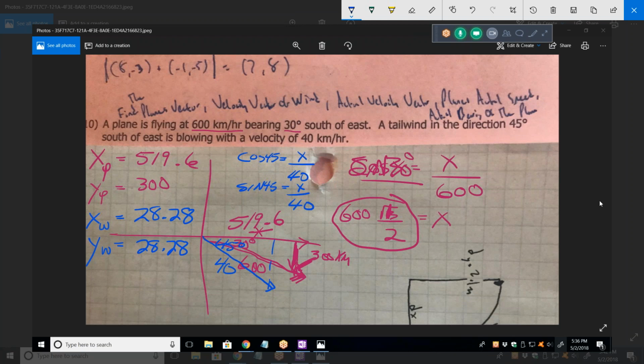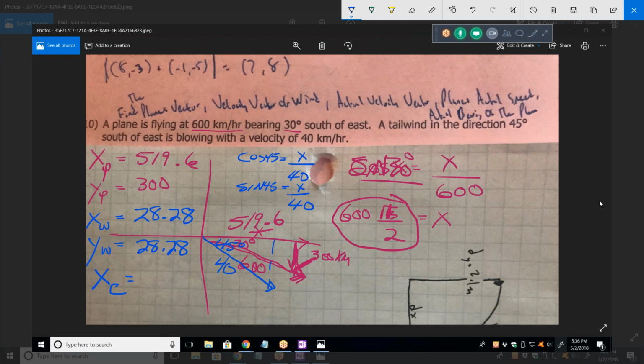So what we have here is the wind is assisting the x direction, and it's also assisting the y direction. So what is the x component of combined? Just adding both of them together. That's always what you do.